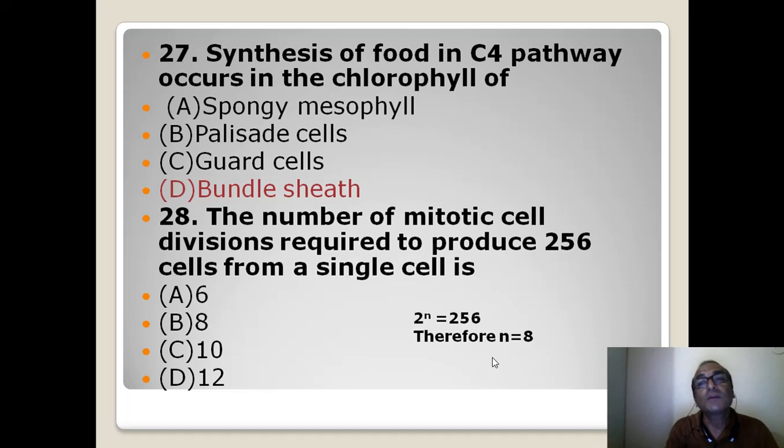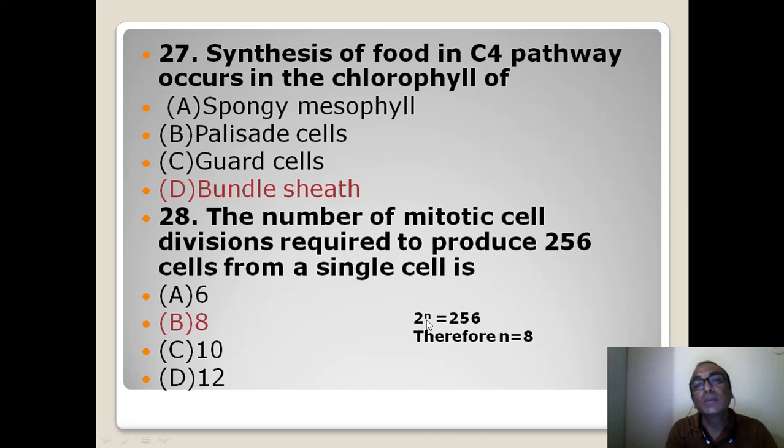Question number 28. The number of mitotic cell divisions required to produce 256 cells from a single cell is... The right answer here is B, 8 cycles of cell division. How to find out? Each time 2 daughter cells are formed.